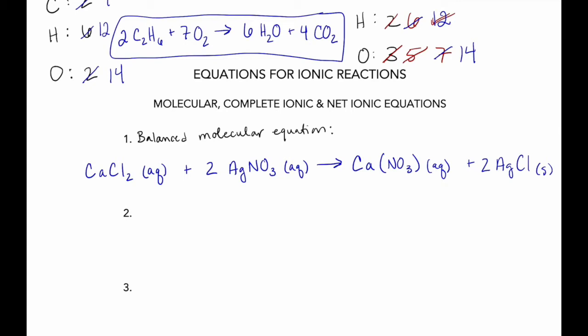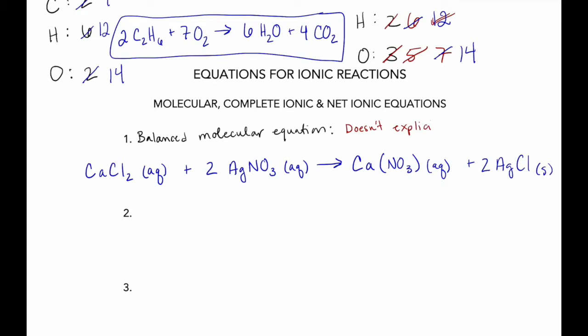When we have a balanced molecular equation for an ionic reaction, again, we'll talk about what ionic reactions mean as we talk about these three types, the balanced molecular equation is going to be an equation where we don't have ionic species or like charges written out.